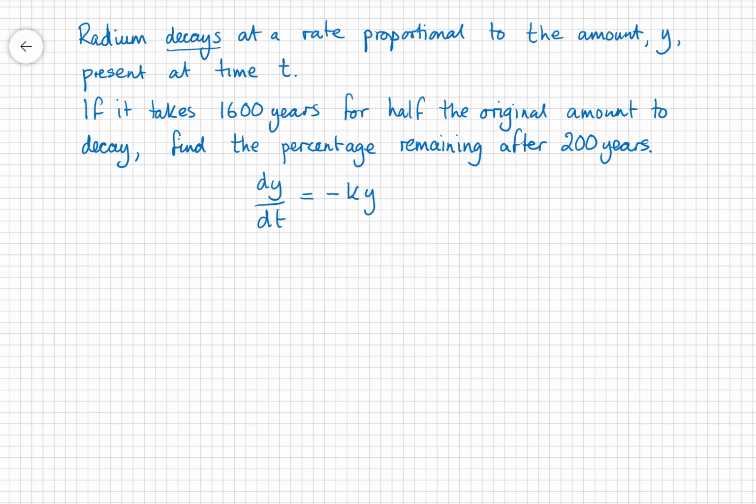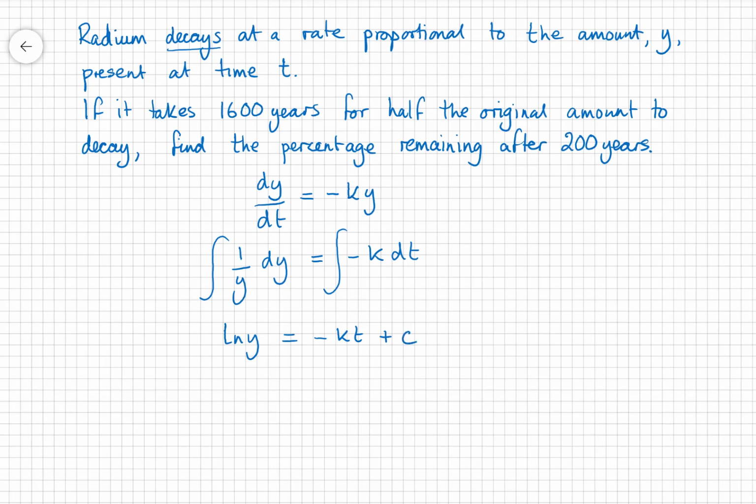We're going to need to move the y across to have 1 over y dy. The minus k can stay, and the dt goes across, and then we integrate both sides. Integrating on the left-hand side, we get ln of y, and on the right, minus kt plus c.